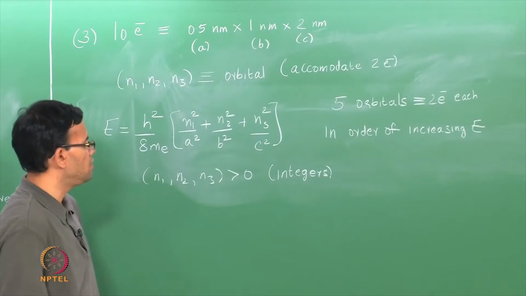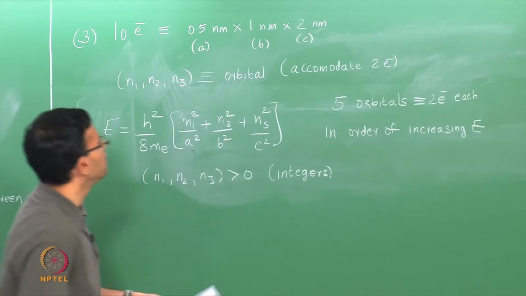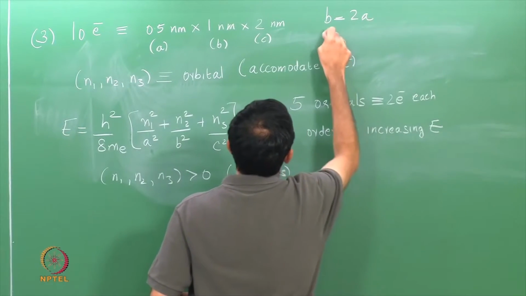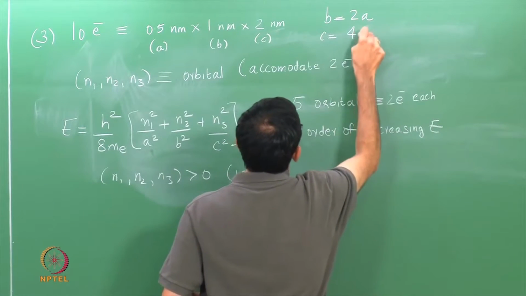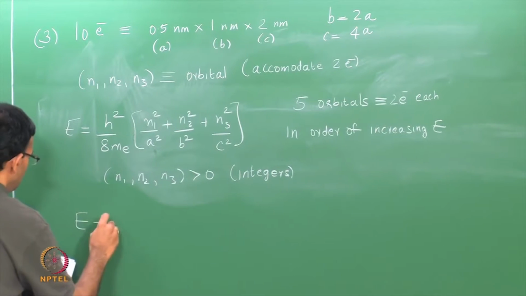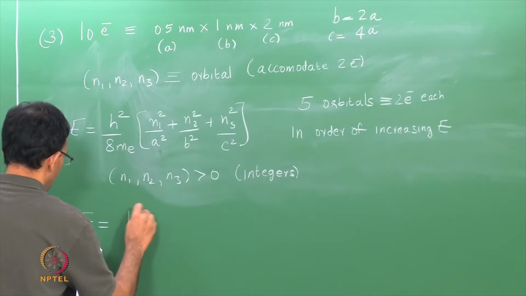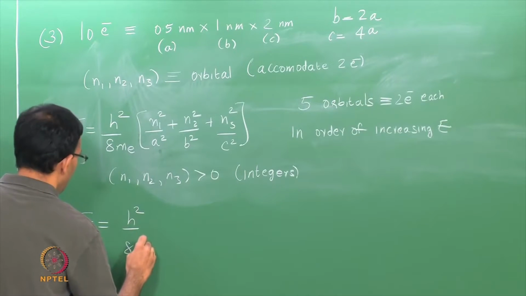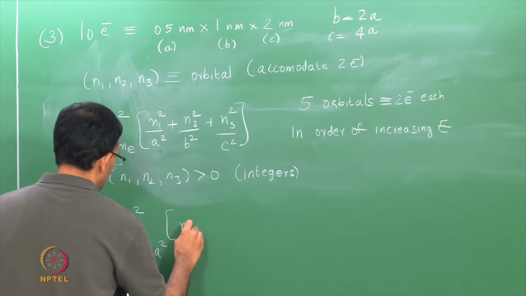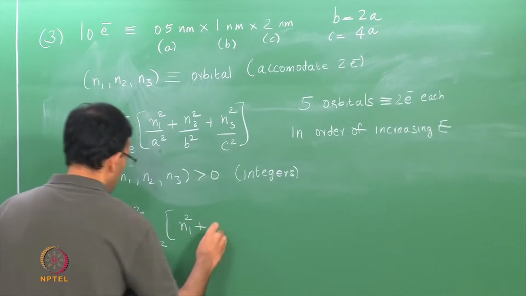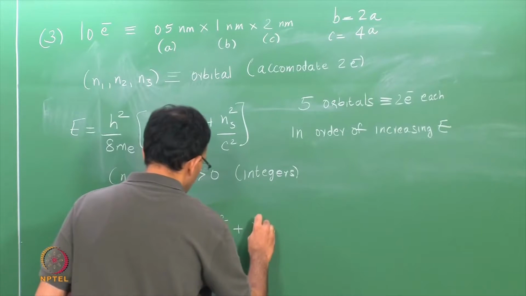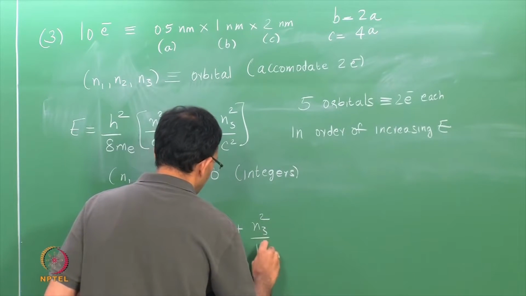So, we can simplify this expression when we realize that B is nothing but 2 times A and C is nothing but 4 times A. Then energy E can be written as h square by 8 me A square, n1 square plus n2 square over 4 plus n3 square over 16.